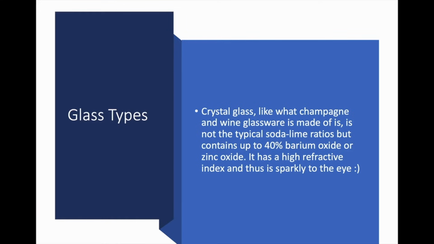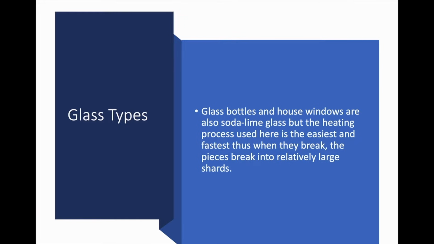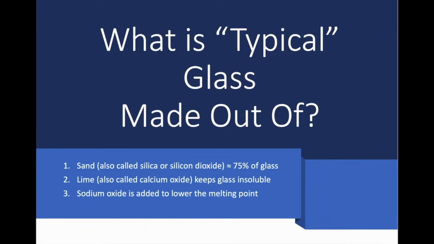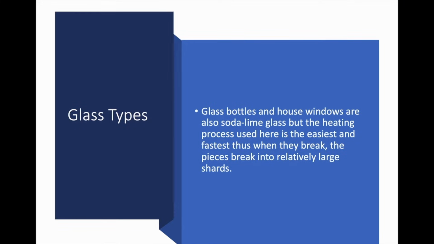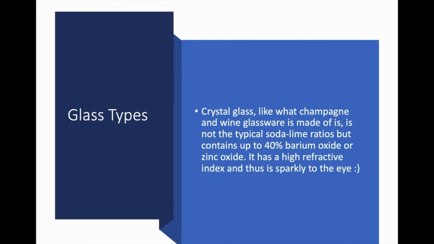So rather than sand, or silicon dioxide, it'll be composed of barium oxide or zinc oxide, along with the other ingredients. So why is it so elegant or so beautiful?